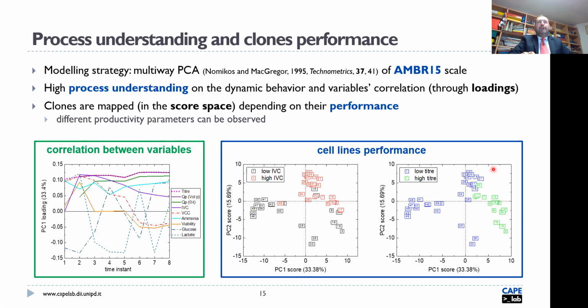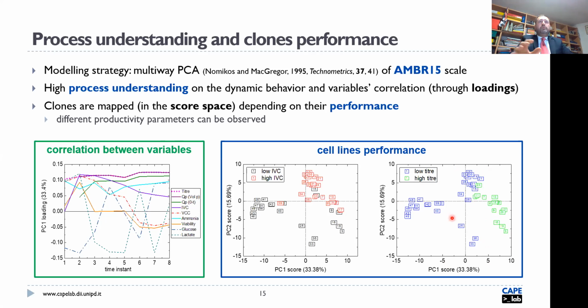In terms of titer, we can do something similar. The cell lines highlighted in green here are those which show a high titer, and they are distinguished very well from the cell lines highlighted in blue, which display a low titer.